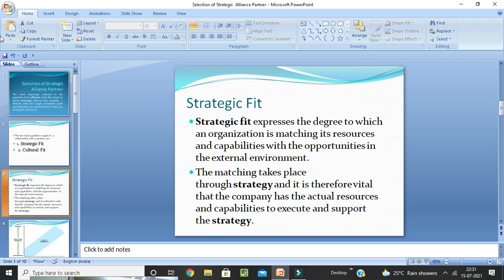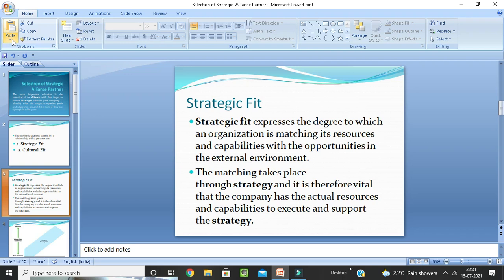So the matching takes place with the strategy, and it is therefore vital that the company has the actual resources and capabilities to execute and support the strategy. The two important aspects of a partner's capability are the complementary nature of their skills and assets, and the potential synergies. The balance of need between the partners must be similar in strength. Given synergies between the companies and their complementary assets, the potential for achieving competitive advantage will be good.